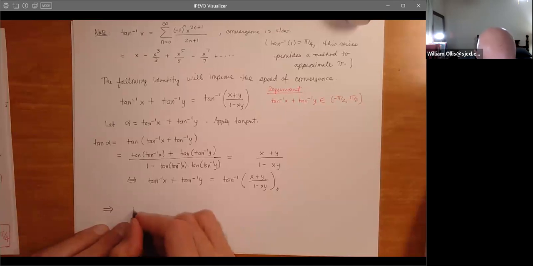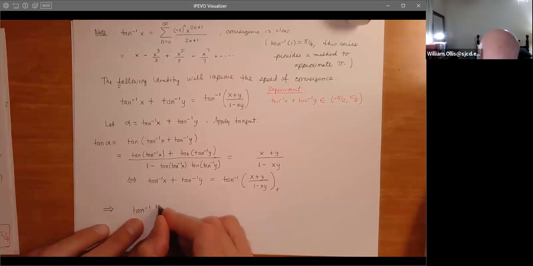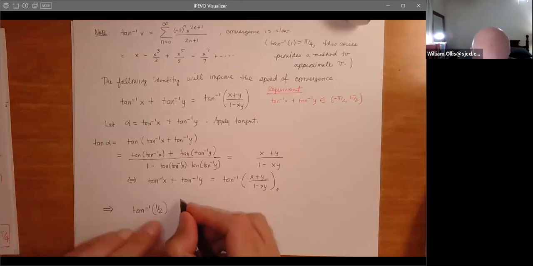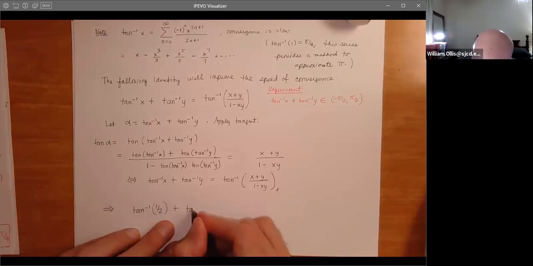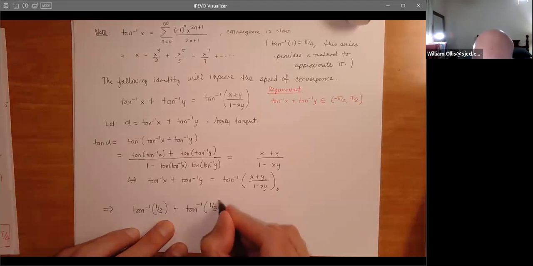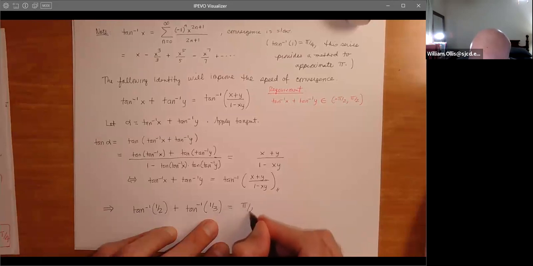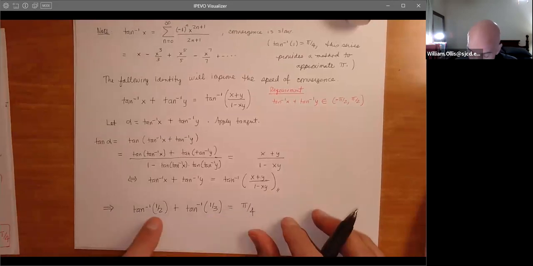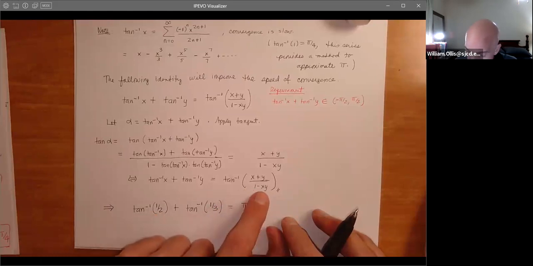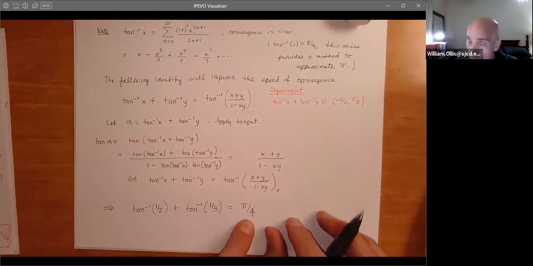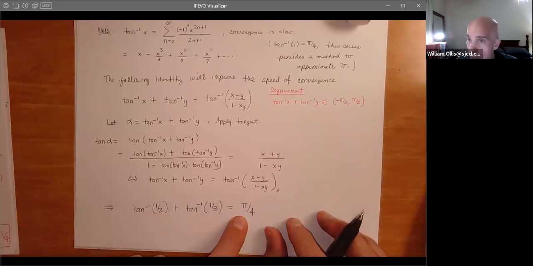That is inverse tangent of 1/2 plus inverse tangent of 1/3 equals pi over 4. Basically, when you do 1/2 plus 1/3 divided by 1 minus the product, which is 1/6, you get 1, and inverse tangent of 1 is pi over 4.